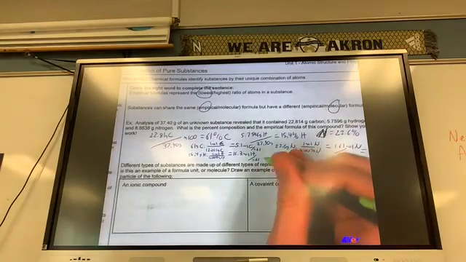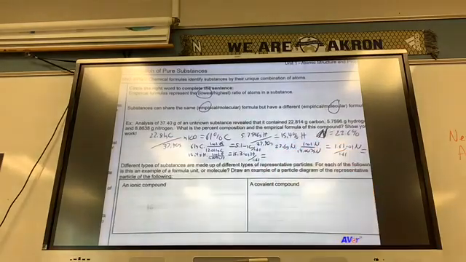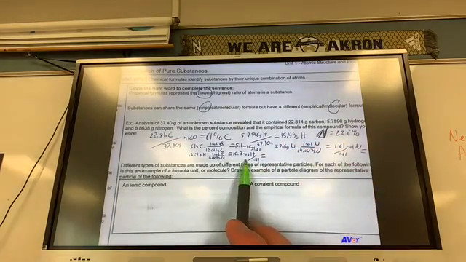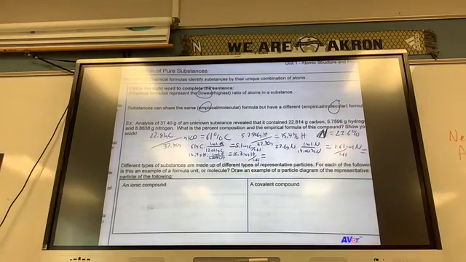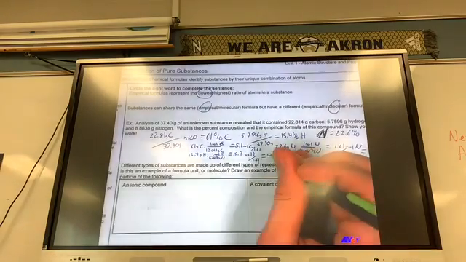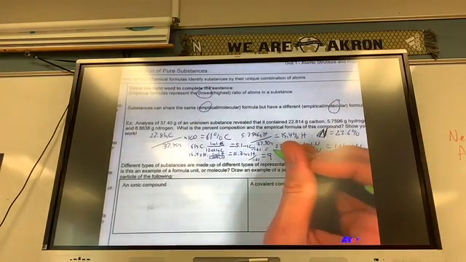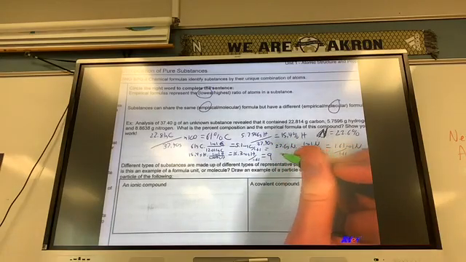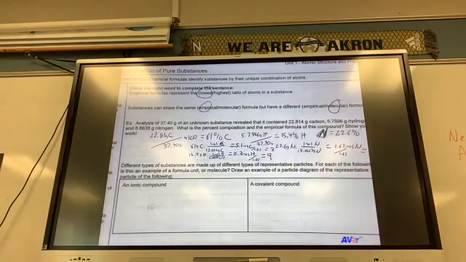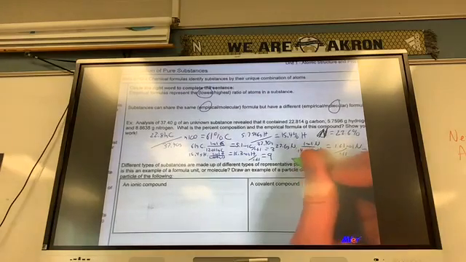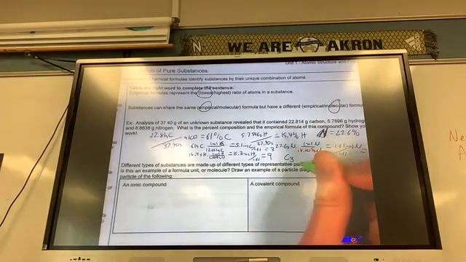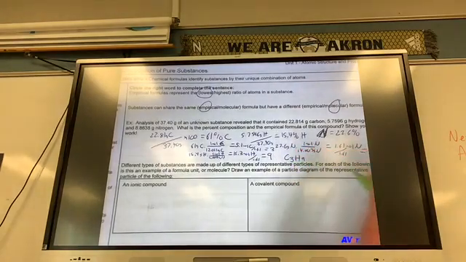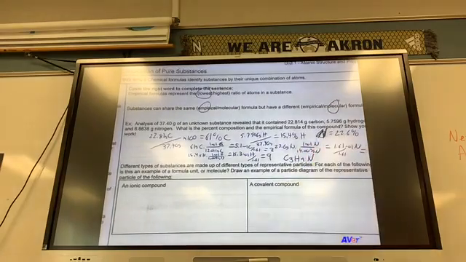What'd you get for hydrogen? 15.3 divided by 1.61 is about 9. What about carbon? About 3. So my empirical formula is C3H9N. It did work. Good.